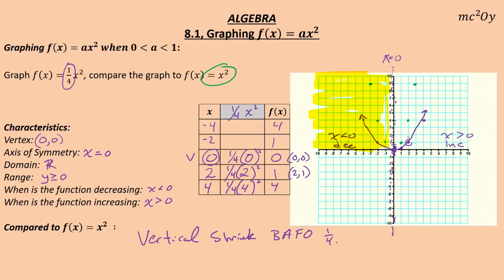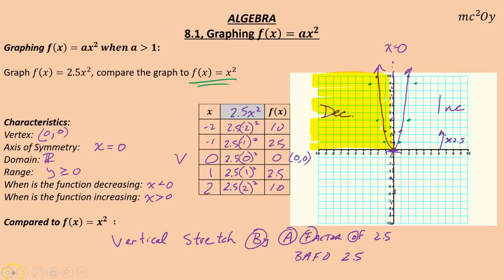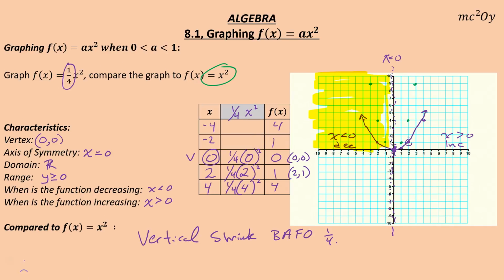All right. Well, notice this graph got wider. This graph got narrower. A was bigger than 1, and now a is less than 1 but greater than 0. So one note to make to yourself, another thing a does, a is like an accelerator. Okay, so let me switch some colors here. A is like an accelerator.